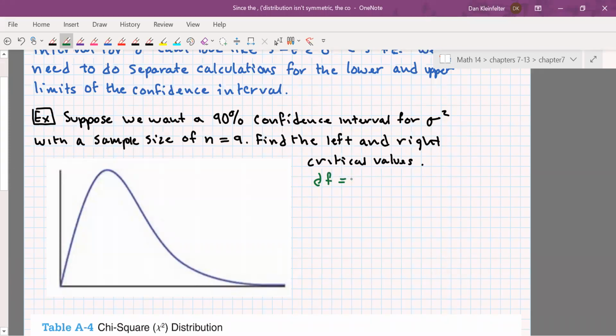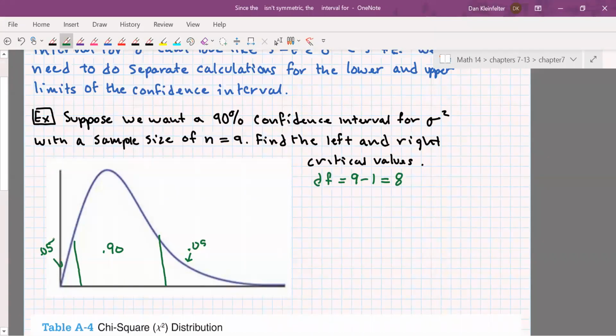The degrees of freedom will be 9 minus 1 or 8. And then our table will give us the critical values. But I'm going to start by making a little sketch. If we want a 90% confidence interval, then that means that there's 10% left in the whole distribution. 0.05 will be here on the right side, and 0.05 will be here on the left side.